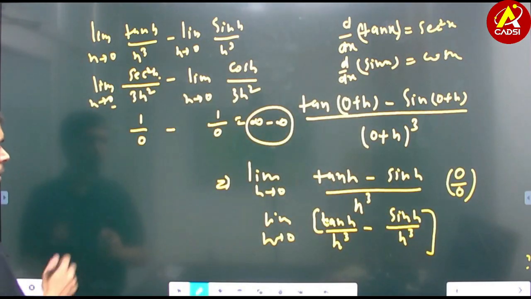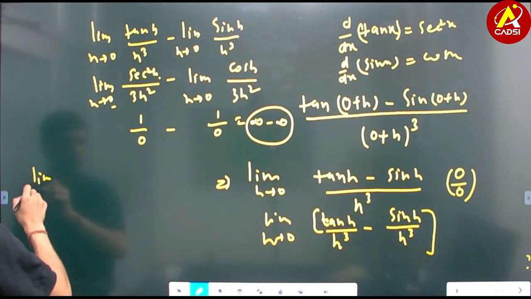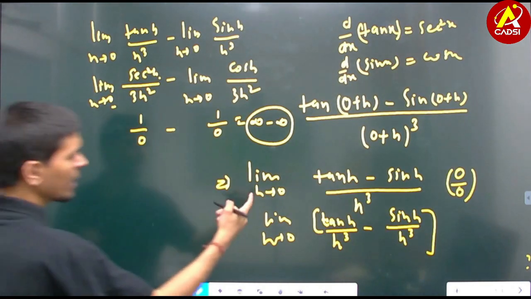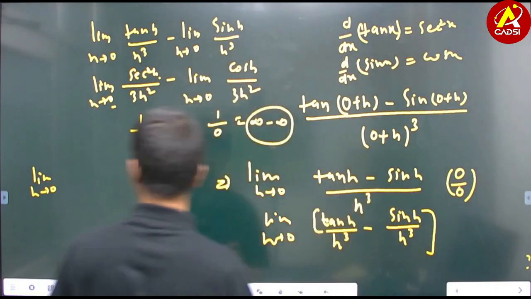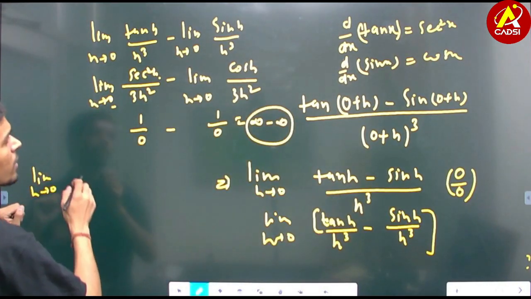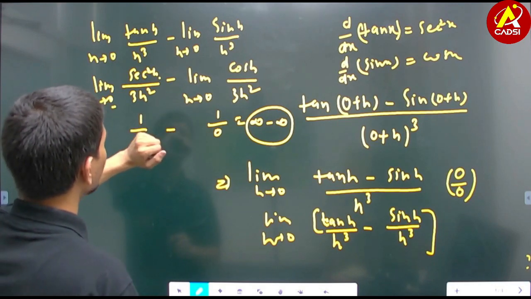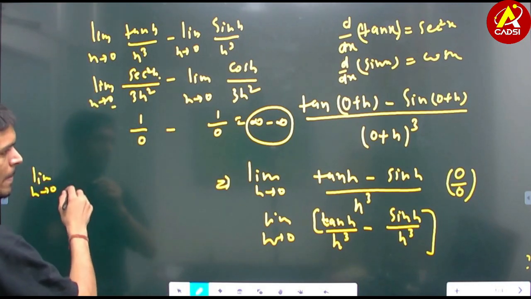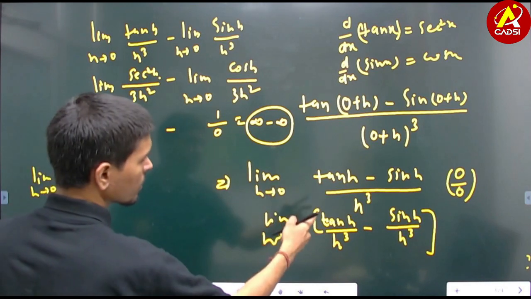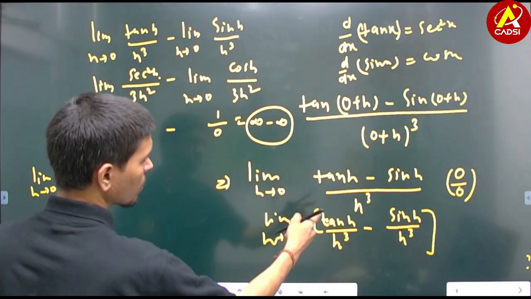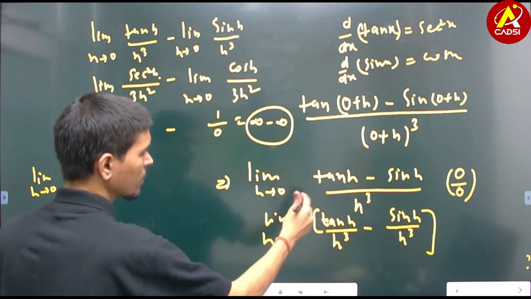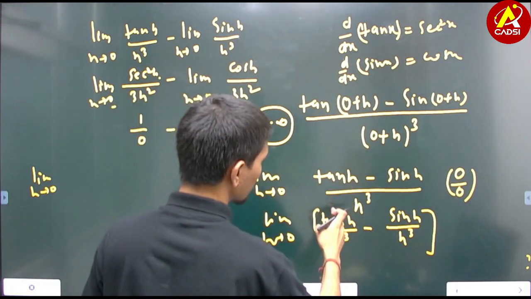So if h tends to 0, that means 0 minus 0. Here we can use sine upon cos.